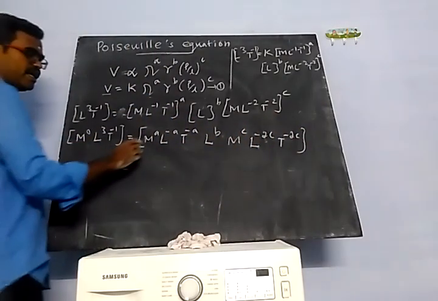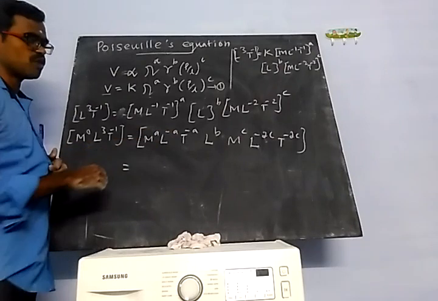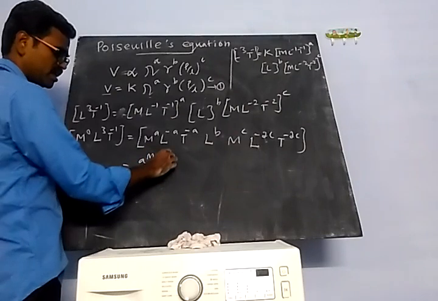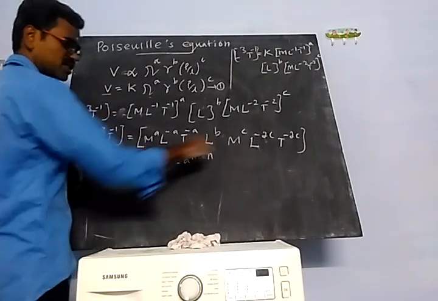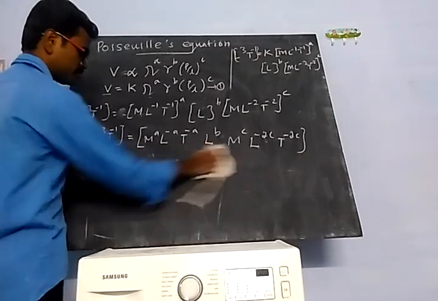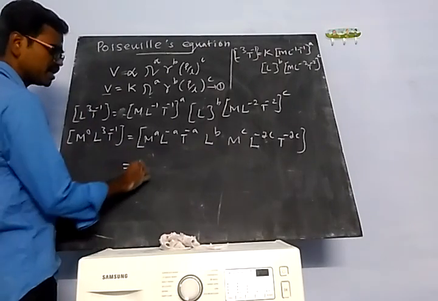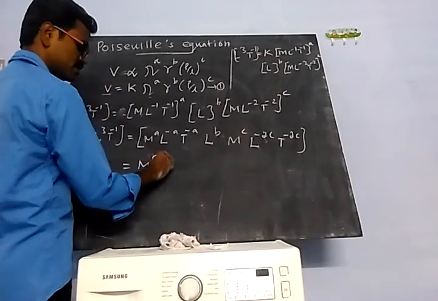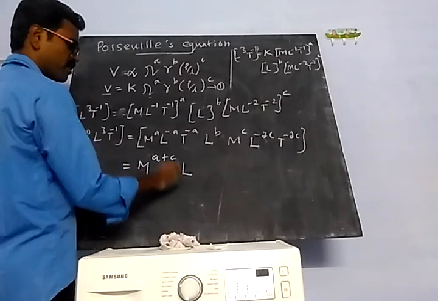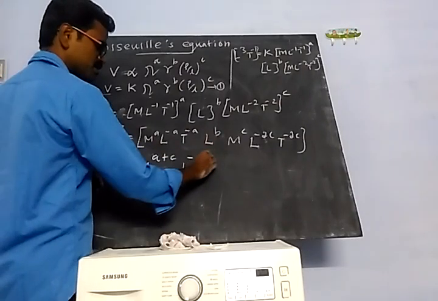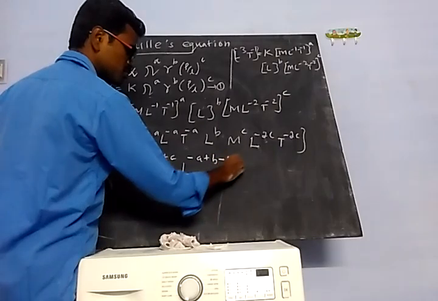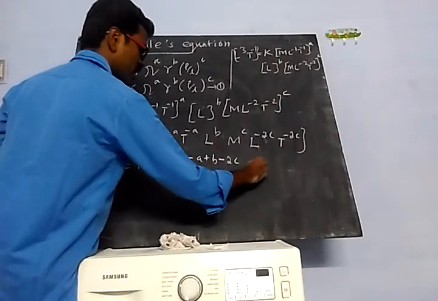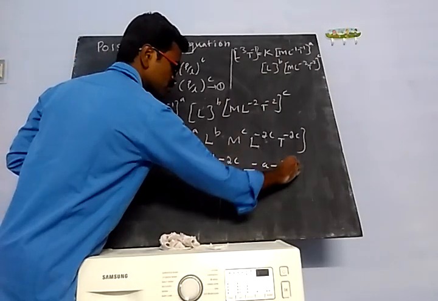Then next, when the bases are equal, the powers should be added. What is the formula? A power m into A power n is equal to A power m plus n. Substituting this formula, it is equal to M power a plus c, then L power minus a plus b minus 2c, then T power minus a minus 2c.